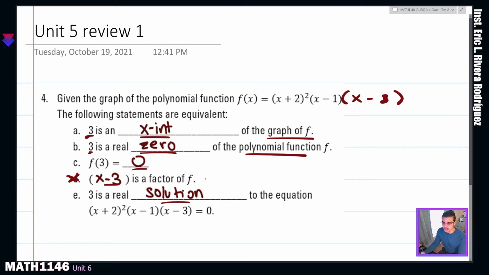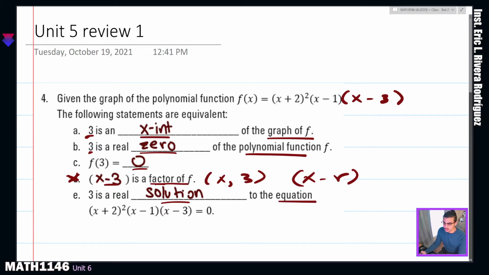I saw a lot of people doing the following, something like this. If you write something like this, you want to write it like a coordinate. But when we're talking about a factor of the polynomial function, we use x minus r. This is the structure, and the value of r in this case is 3, because 3 is a root of this polynomial function.